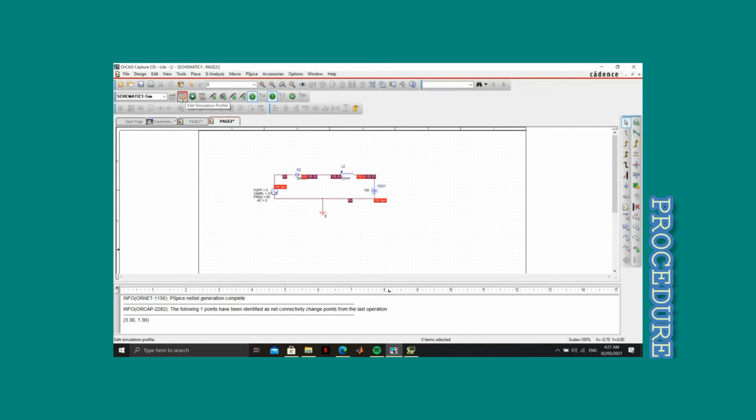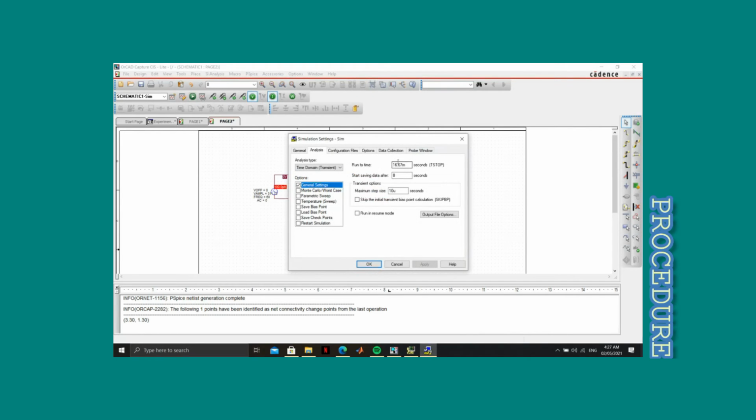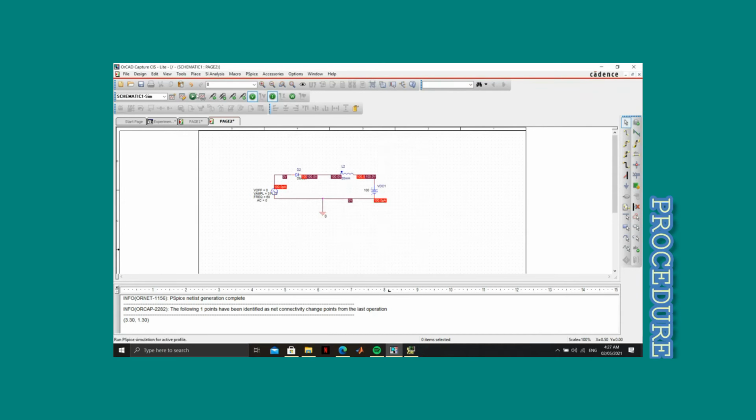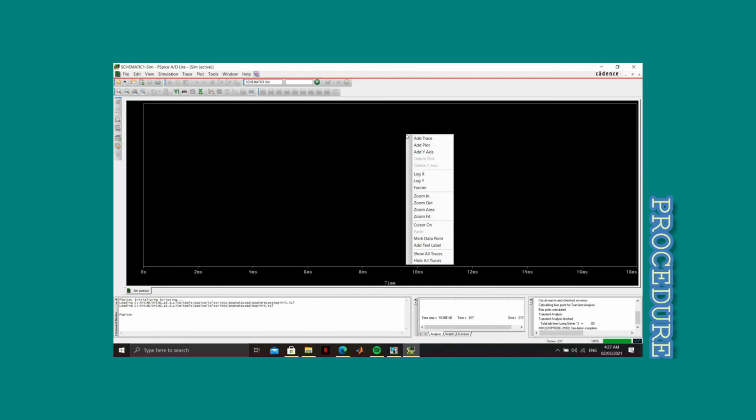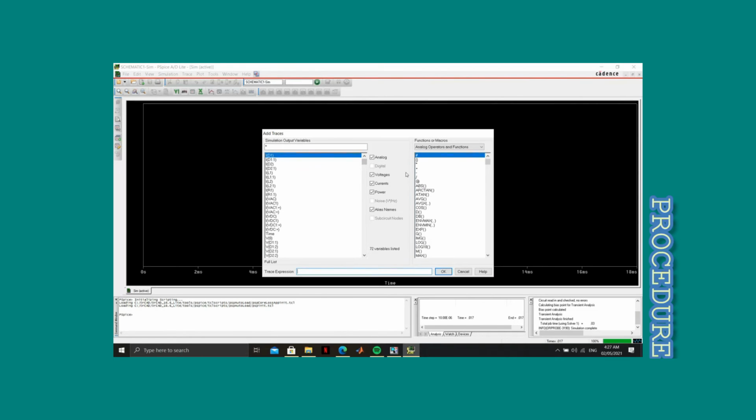The simulation profile would also be the same, 16.67 milliseconds for the runtime, and maximum step size of 10 microseconds. So let us simulate. First, we are asked to record the RMS current across the DC source.